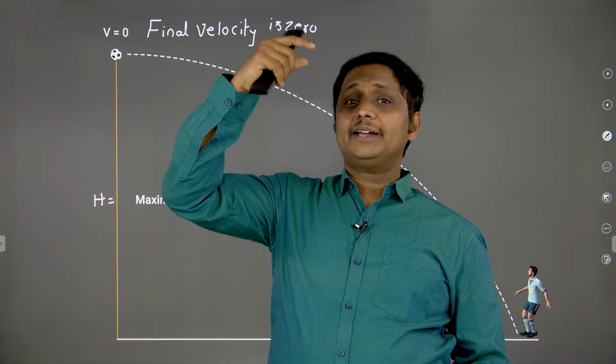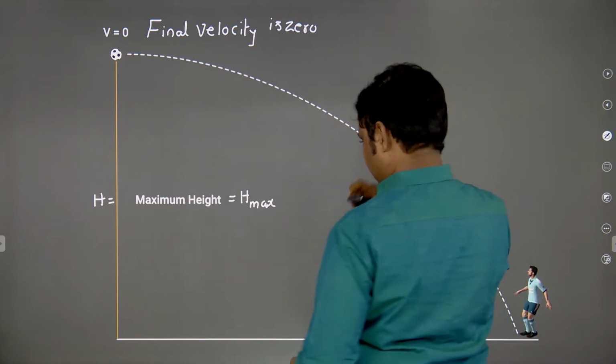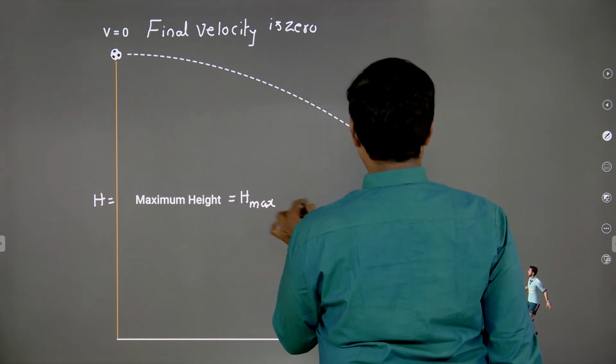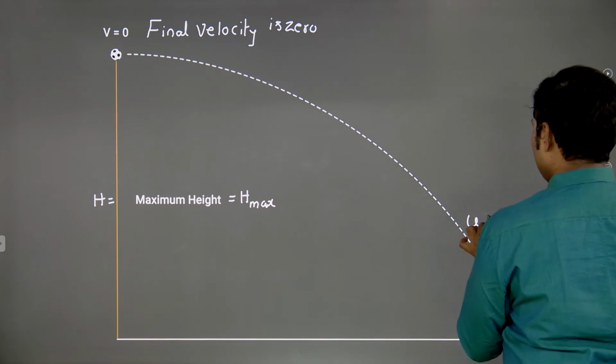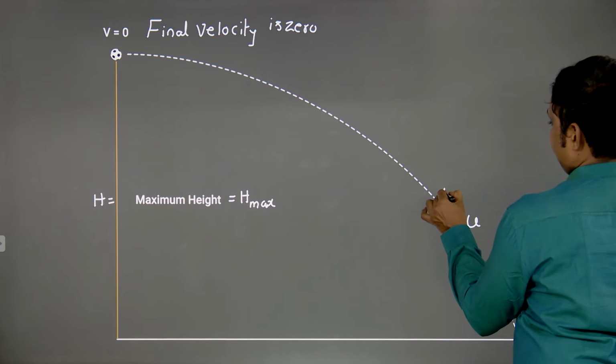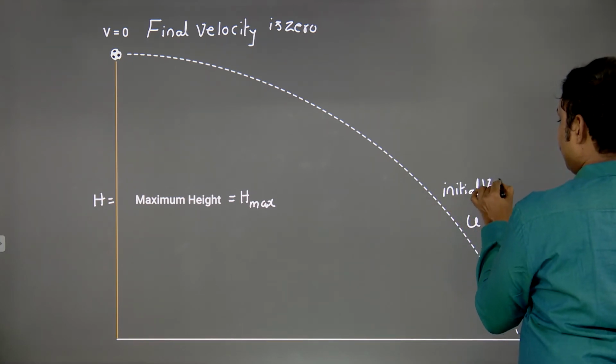How will you define the maximum height? The final velocity is going to be 0. So we have the expression H maximum is equal to u squared by 2g, where u is the initial velocity.